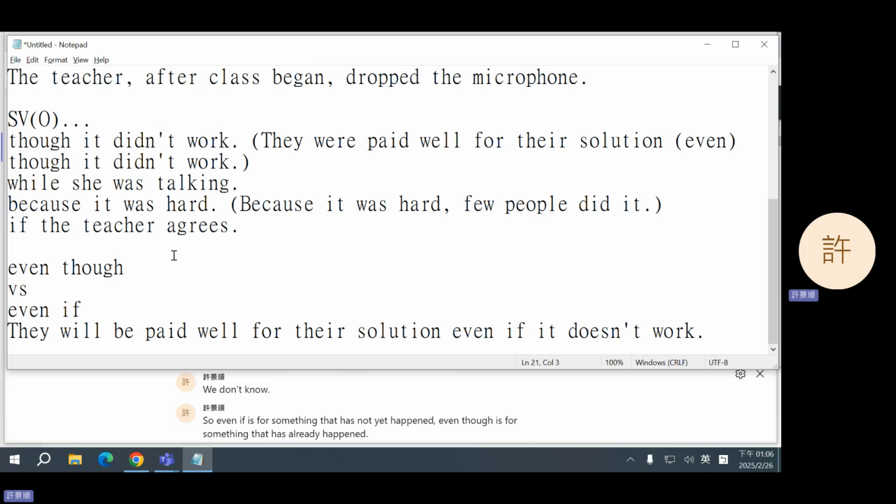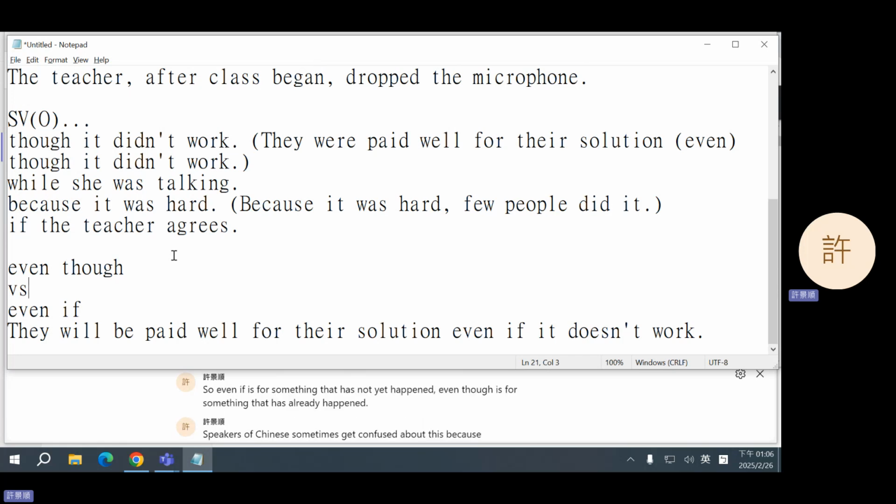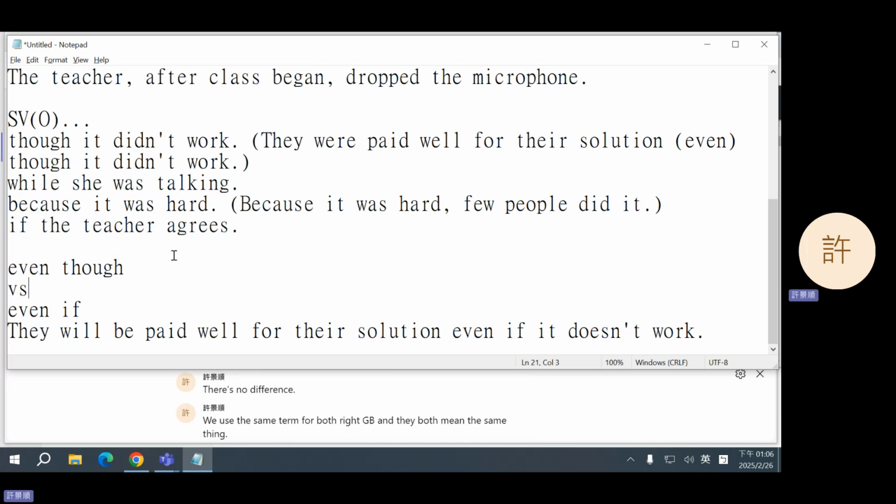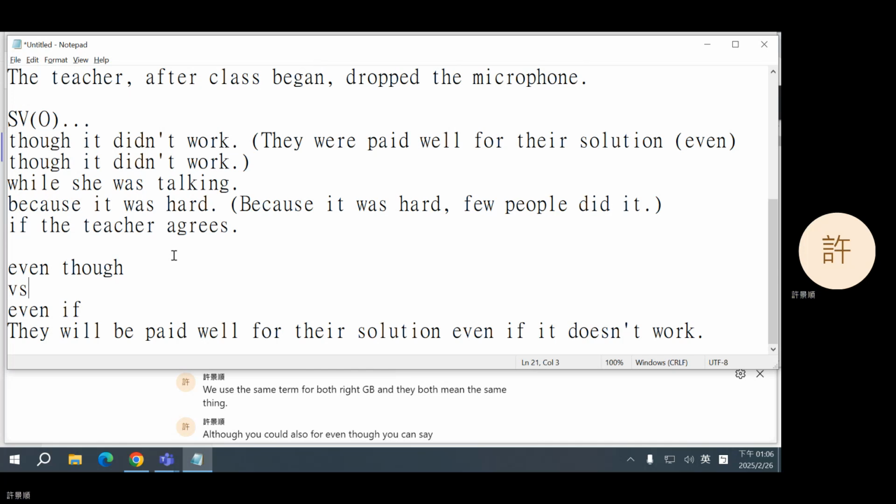Speakers of Chinese sometimes get confused about this because in Chinese, there's no difference. We use the same term for both, right? 即使, 即便, they both mean the same thing. Although for even though, you can also say 虽然.